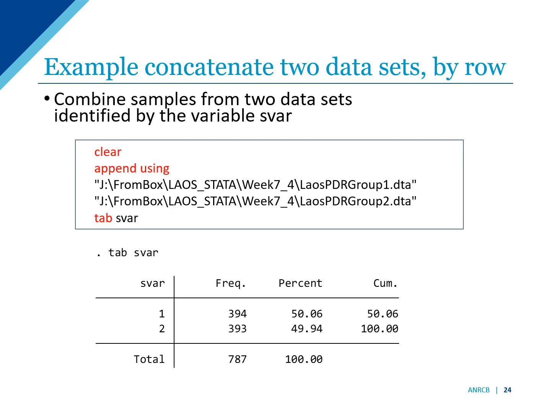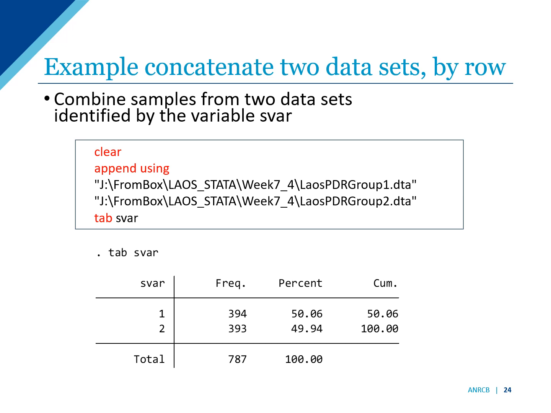In this example, imagine we've created two different Stata data sets called Laos PDR Group 1 with 394 rows of observation and Laos PDR Group 2 with 393 rows of observation, and creating a variable called SVAR for shared variable, which had a value of 1 for group 1 and a value of 2 for group 2.